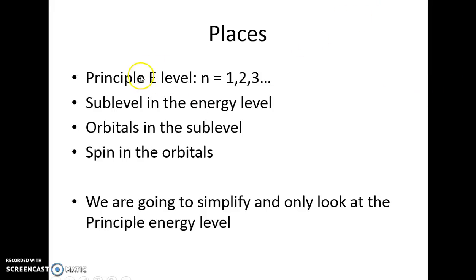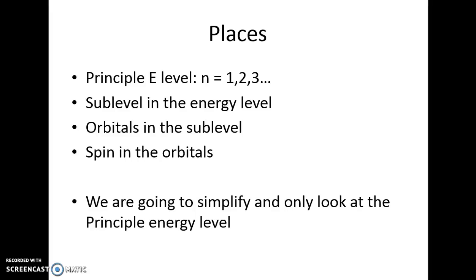The places are organized almost like an address, where there's almost like a street and a number and a house and then a little floor level, etc. But we're going to look at this very, very simply, and the only thing we're going to look at is a principal energy level. Within a principal energy level, there's a sublevel. Within the sublevel, there's orbitals.